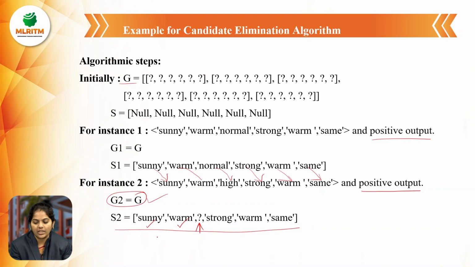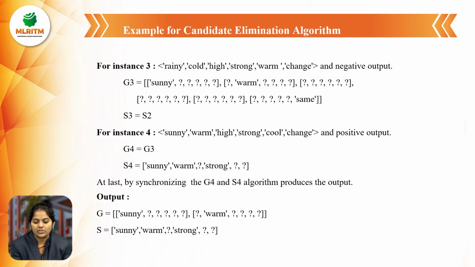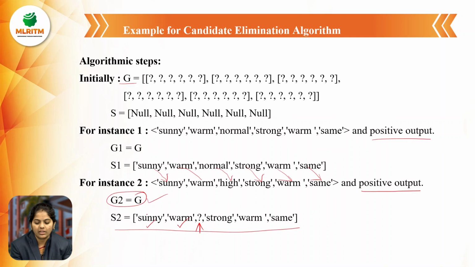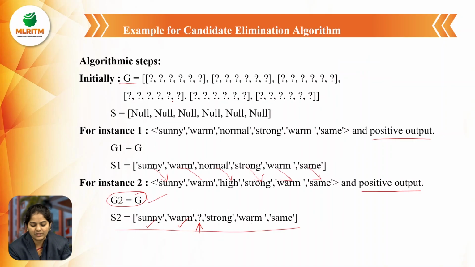Again for example 3, we have a negative example. So in this we'll do the general hypothesis. Here we got a general hypothesis like sunny, warm, ?, strong, warm, same. The third example will be rainy, cold, high, strong, warm, change. So it comes with the negative example, right? Here we'll compare this with the second specific hypothesis, that's sunny, warm, ?, strong, warm, same.